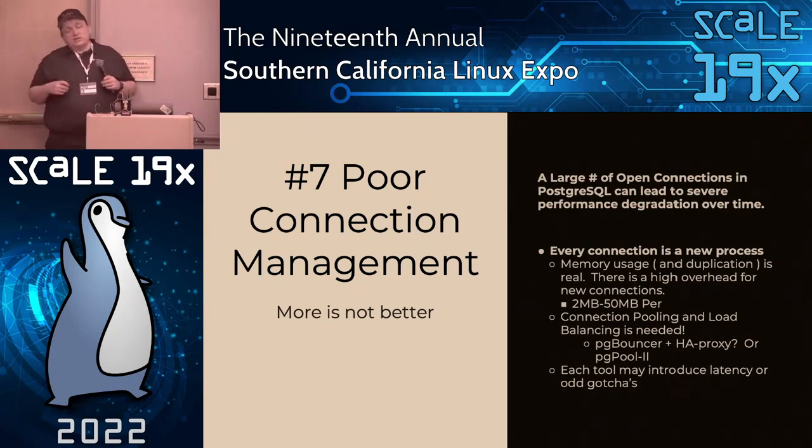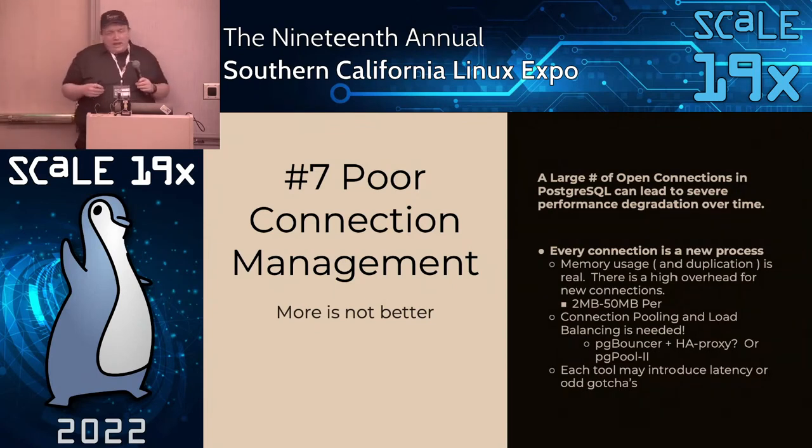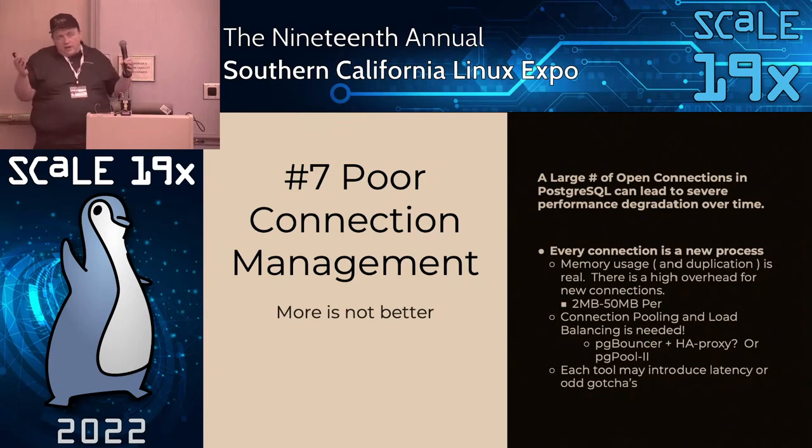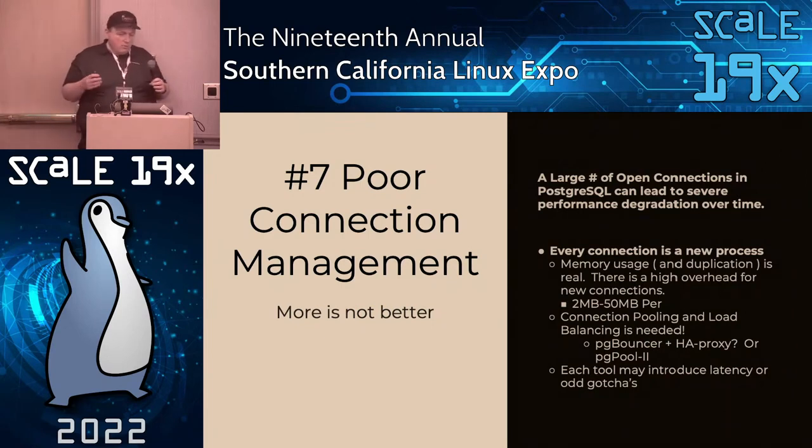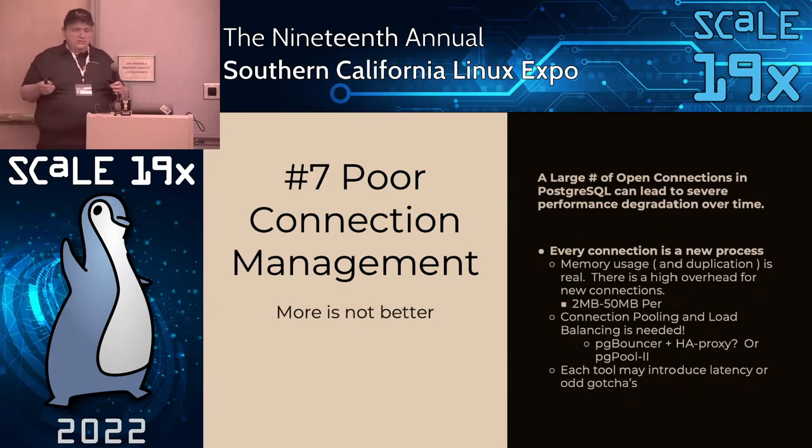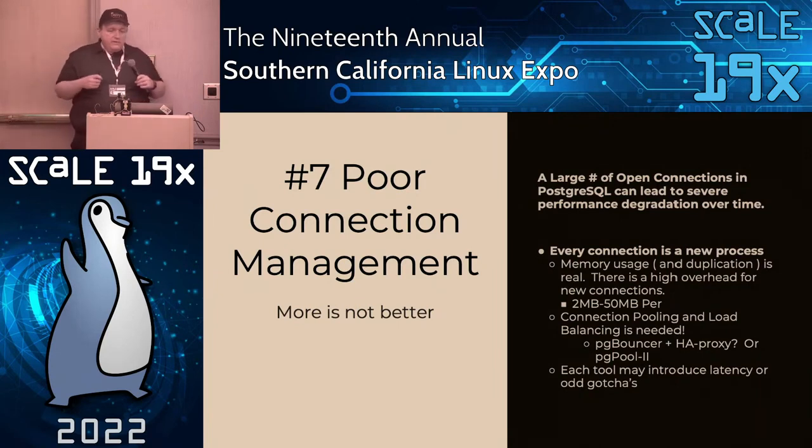You're going to get potentially lots of duplicated memory, so you're going to consume more memory for every connection. And so as you start to go above 100 connections or more, you're going to want to start to look into load balancing. And if you're not, then you are probably suffering some sort of performance penalty.